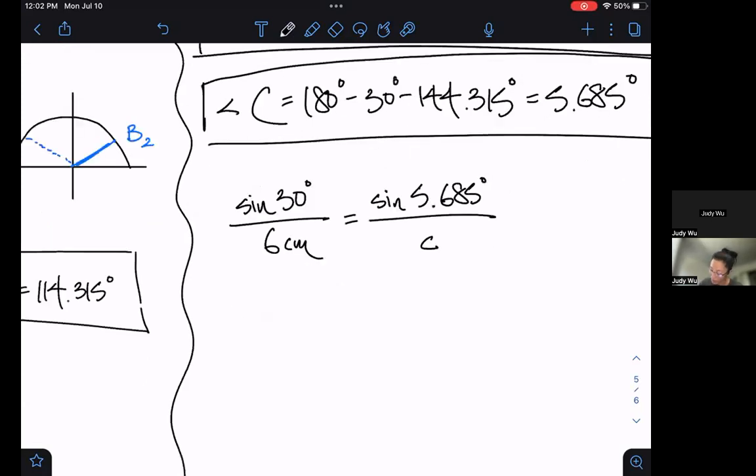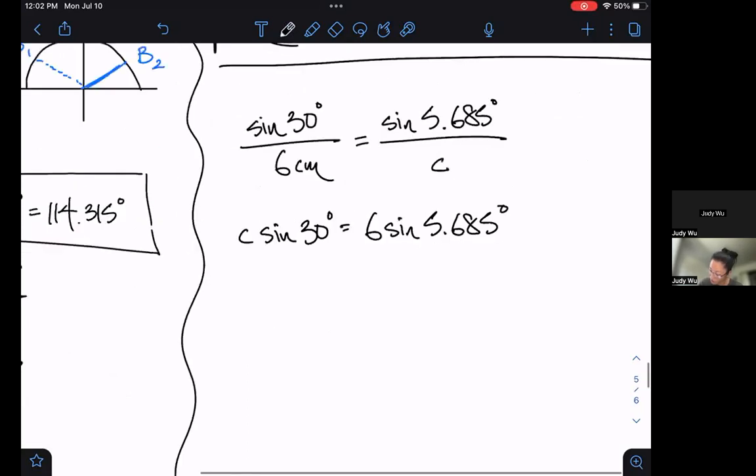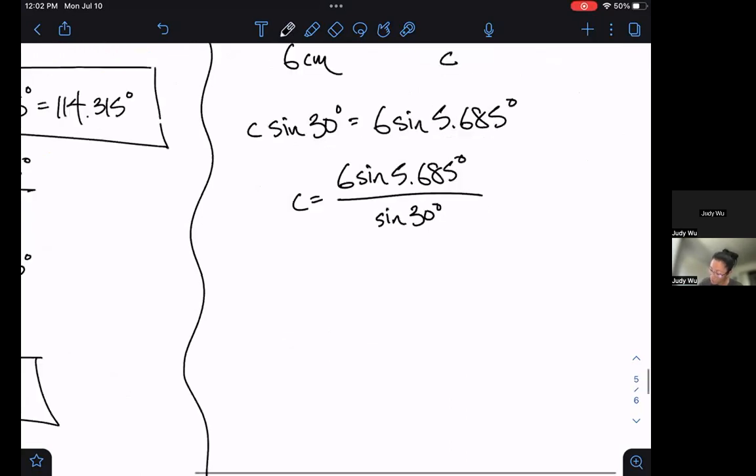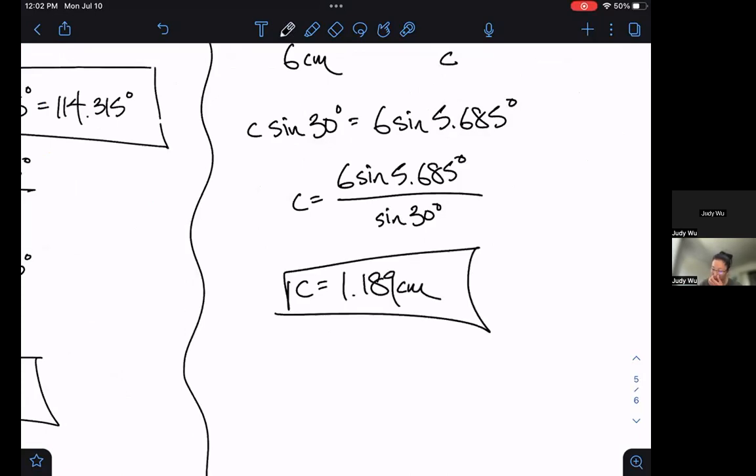We cross multiply. And we divide by sine 30. And then we put that into our calculator and we get 1.189 centimeters. Okay.